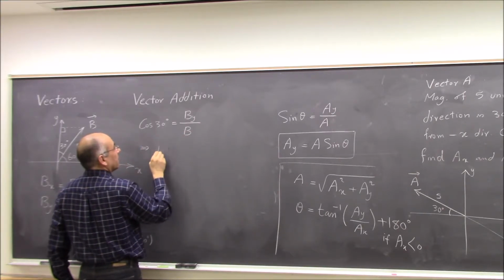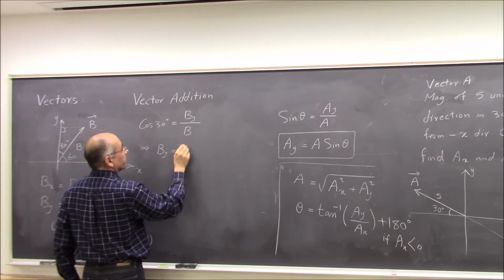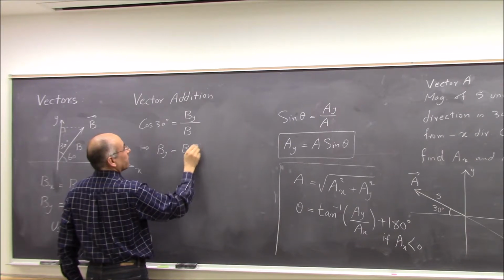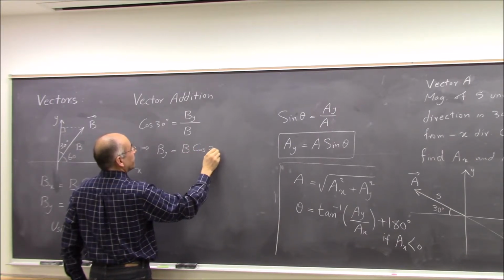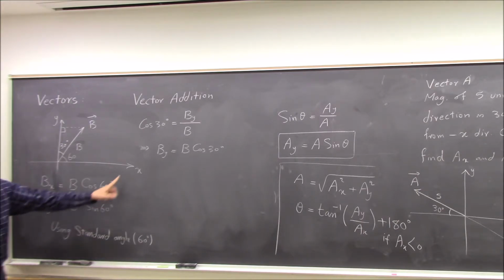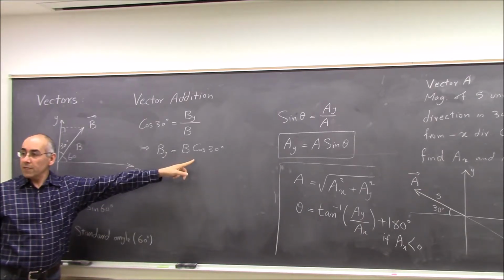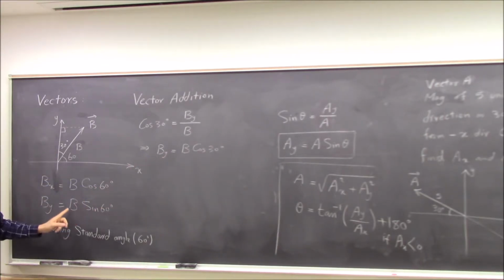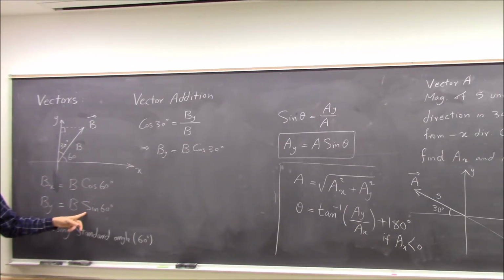Therefore, by is equal to B cosine 30 degrees. Here, by was equal to B sine 60. Here, by is equal to B cosine 30. But it happens that cosine 30 and sine 60 are the same thing, right?